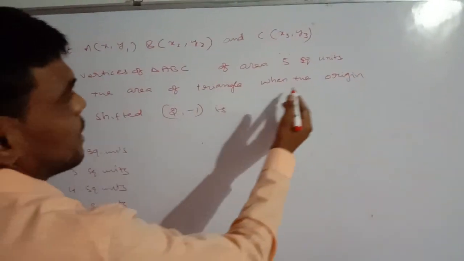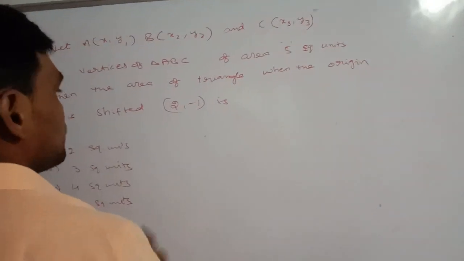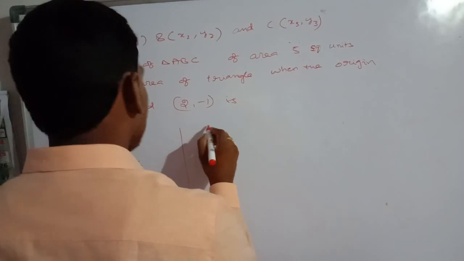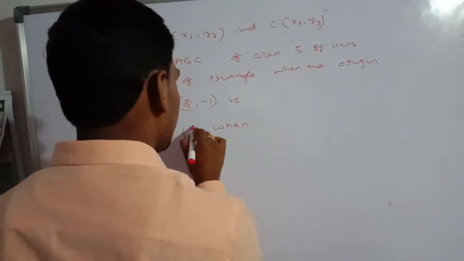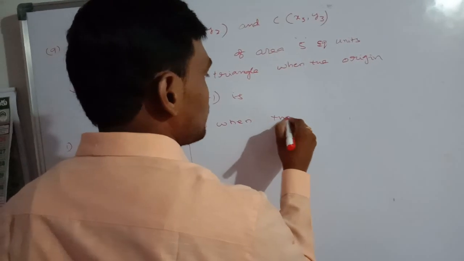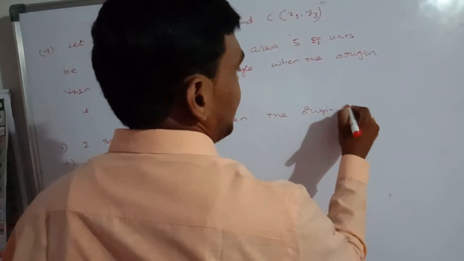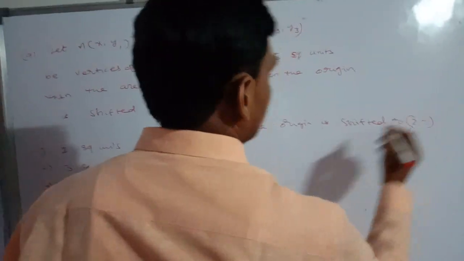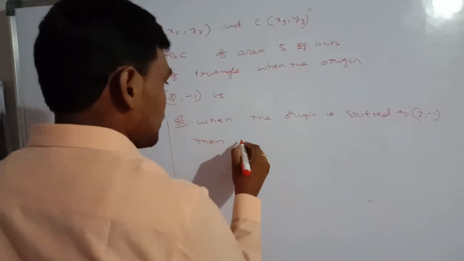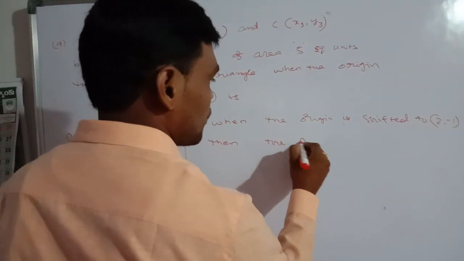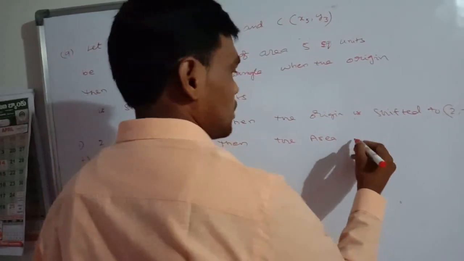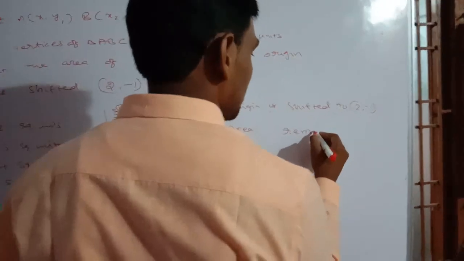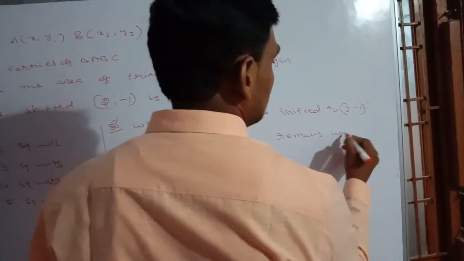Then the area of the triangle when the origin is shifted to (2, -1) remains unaltered.